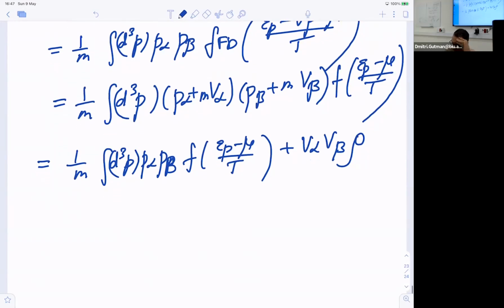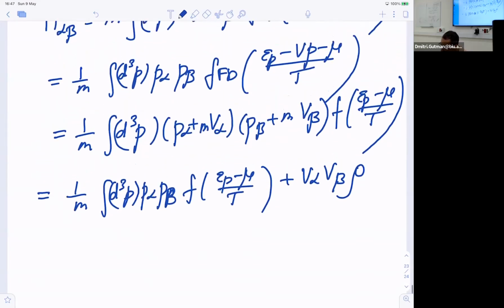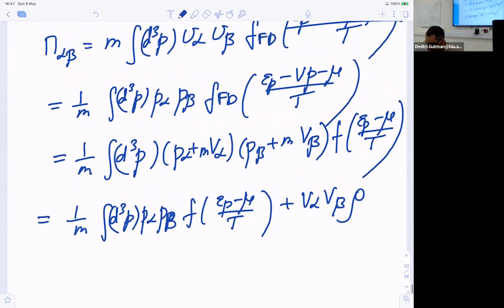And so may I ask something? So why did you ignore v squared terms in the distribution function? Okay, let's restore them and see why they drop, okay? So I'm shifting this. So it would mean here will be terms like v squared over 2m, yeah?